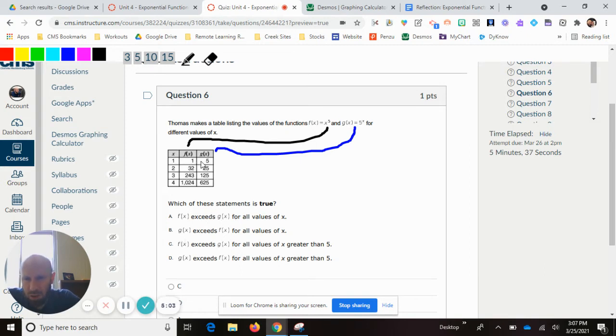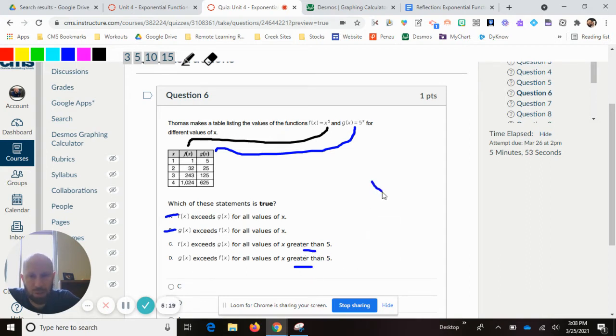Well, as of now, g of x in the first one is bigger. 5 is bigger than 1, but then when you get down to 2, 32 is bigger than 25. So we can't say f of x or g of x is bigger for all values. That means we have to eventually figure out greater than 5.